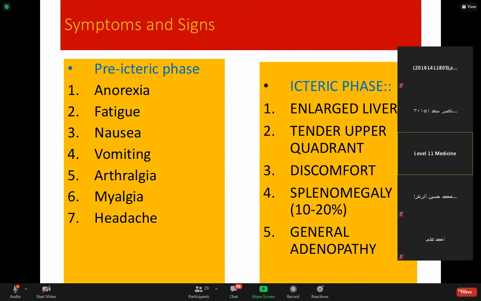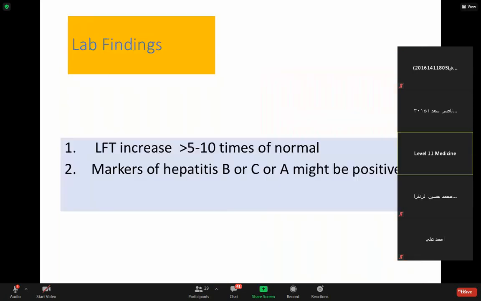Well, anorexia, fatigue, nausea, vomiting, arthralgia, myalgia, headache, those are symptoms may suggest a state of hepatitis. While examination, you may have basically jaundice in the eyes, ecteric face, enlarged liver, tender even liver, splenomegaly, and adenopathy.